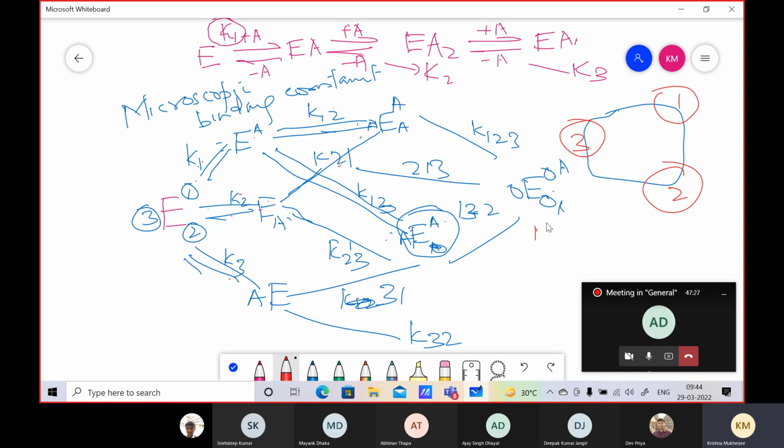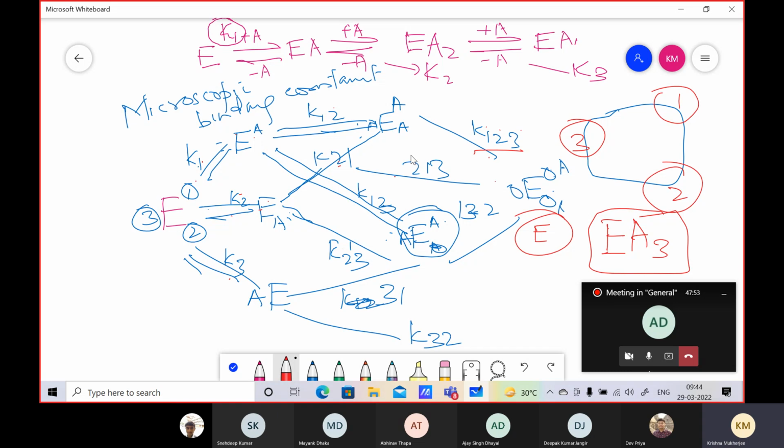So you have multiple situations, but the triple bound enzyme, this EA3 as it were, is arrived at by three different mechanisms: by K123, by K213, and by this. These three options are leading up to this. So this is the method where the first one binds, then the second one, and then the third one.